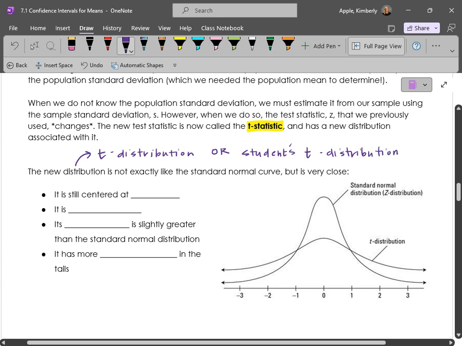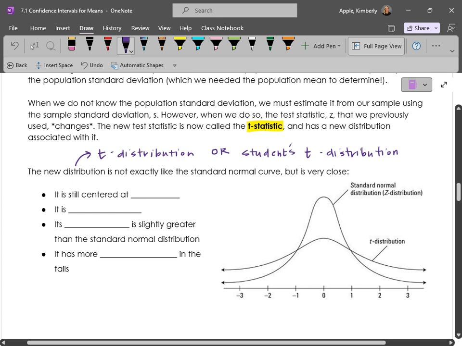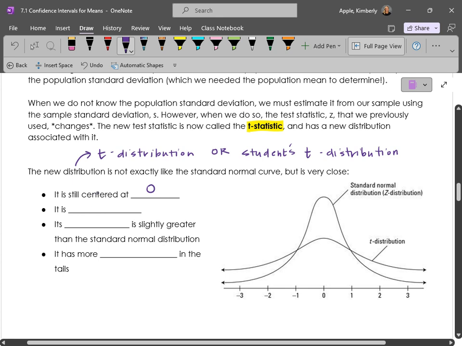He wrote under a pen name because the Guinness Brewery didn't want their name associated with all of this work. So they just called him the student. The student's t distribution is not exactly like the normal curve, but it is very close to it. Notice in the picture, you have your standard normal, which are your z-scores, and then below it, similar in shape, but flattened and stretched out and a little more fat in the tails, is the t distribution. It is still centered at 0. It is still bell-shaped.